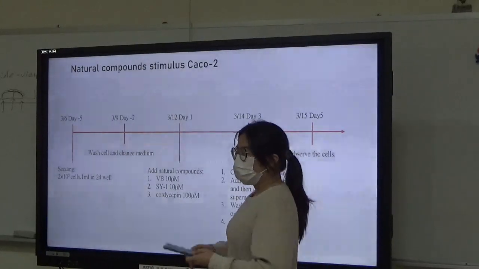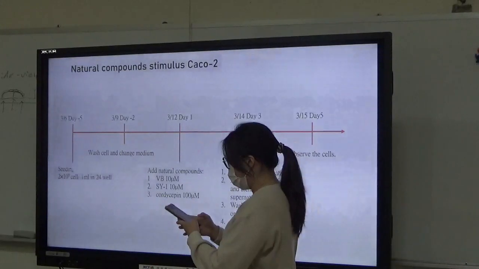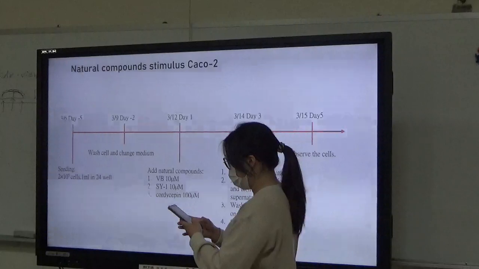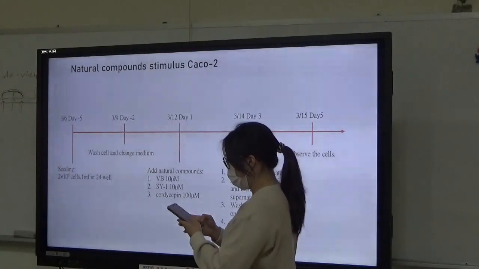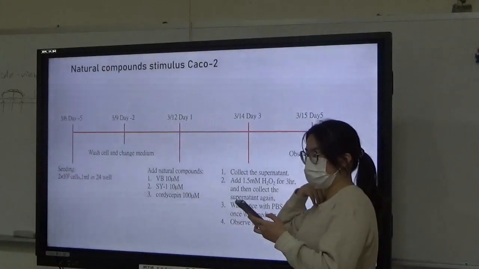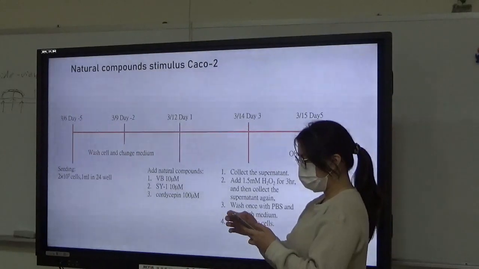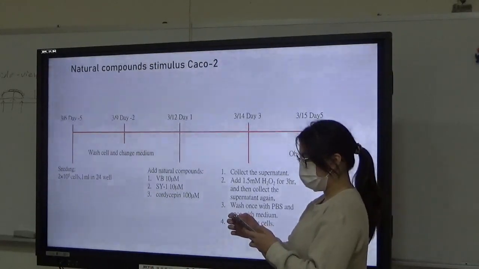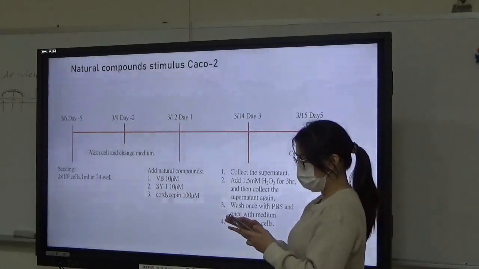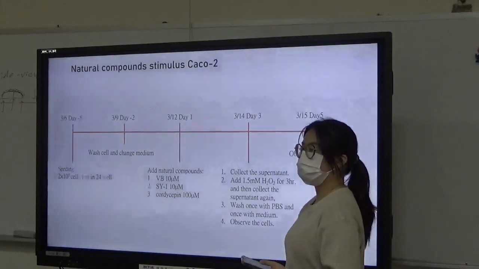Verbascoside is one very powerful natural compound from one flower. The flower is a small yellow flower, but it smells good, and sometimes they also add it to tea, to green tea.